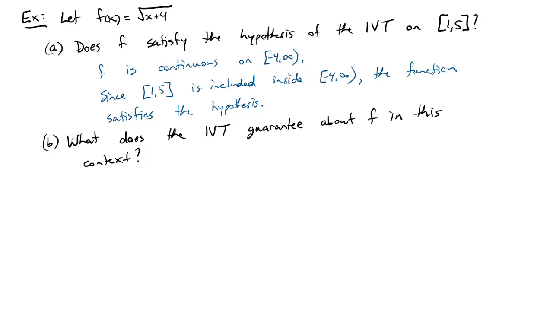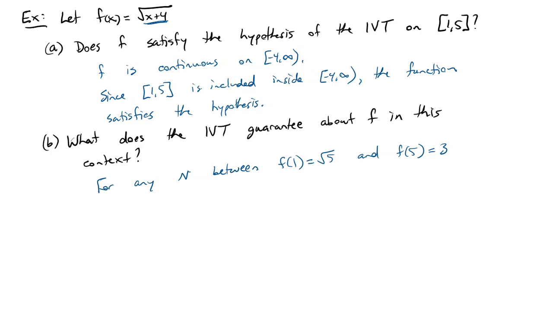Well, the conclusion states that for any n between f of a, which is f of 1, so f of 1 means plug 1 into the function, so we get the square root of 5. So any n between the square root of 5 and f of 5, which is the square root of 9, which is 3.